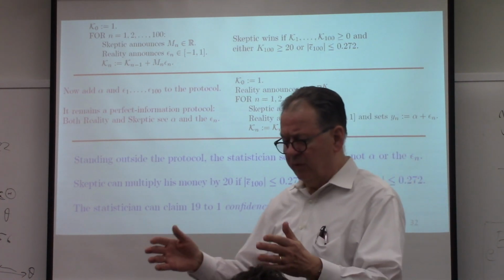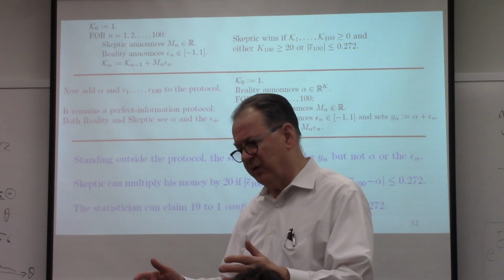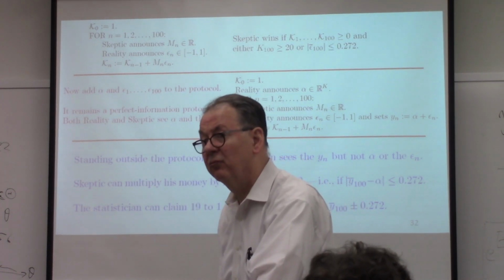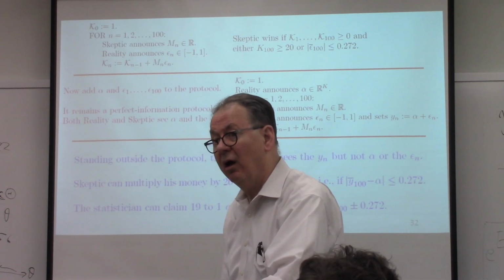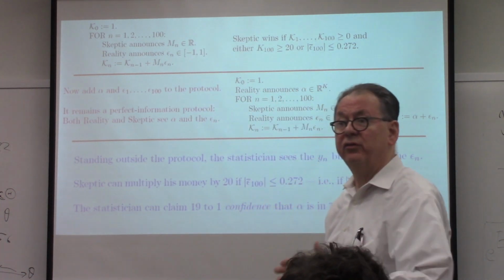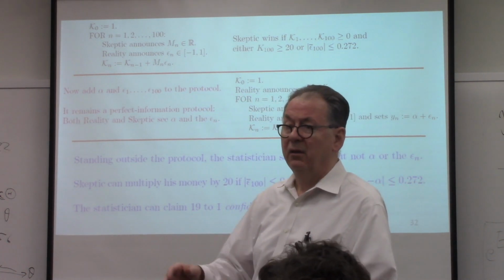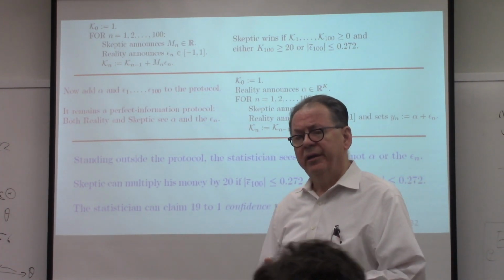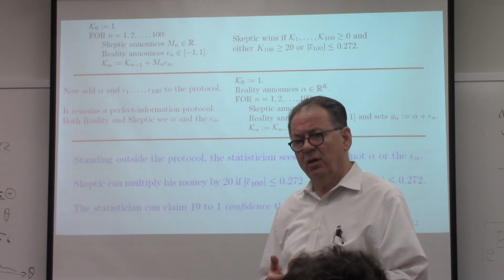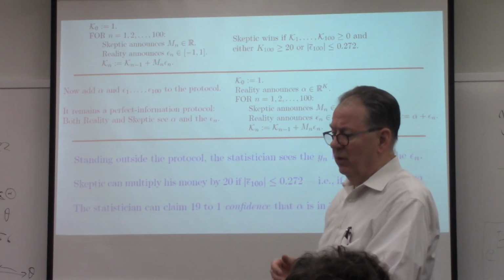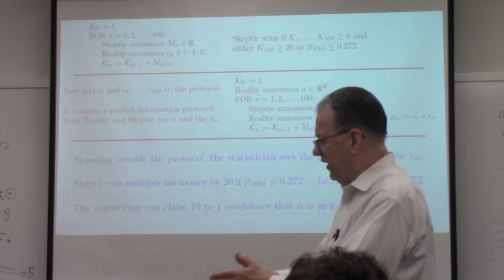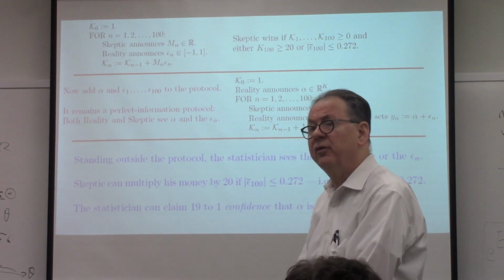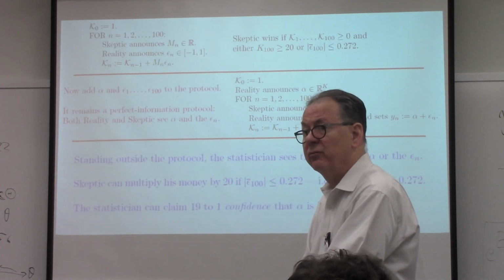Well, most of my talk, I just assumed that the skeptic was making his bet all at once. But it is more general, because if skeptic fixes a strategy for the game, that's equivalent to him making a bet all at once.